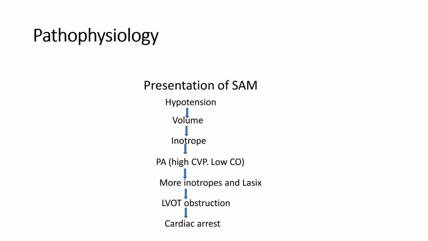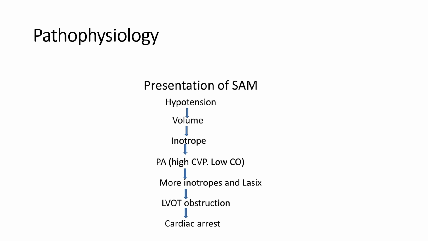When we look into the pathophysiology, how systolic anterior motion of the mitral valve can lead to cardiac arrest, first what we see is hypotension because there's limited outflow. Then we try to give volume to compensate for the hypovolemia, and we give inotropic agents to increase the blood pressure.